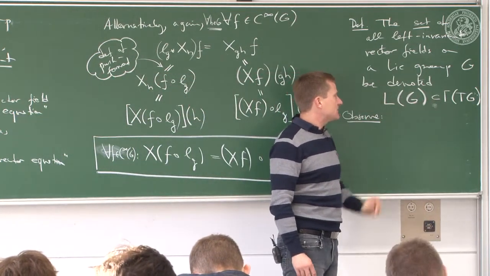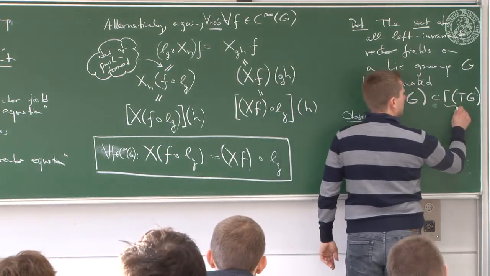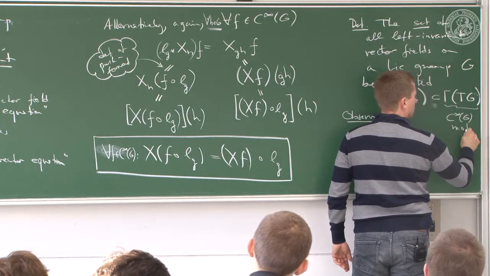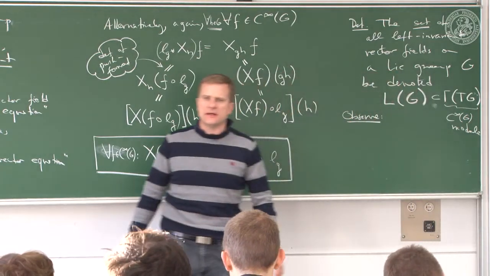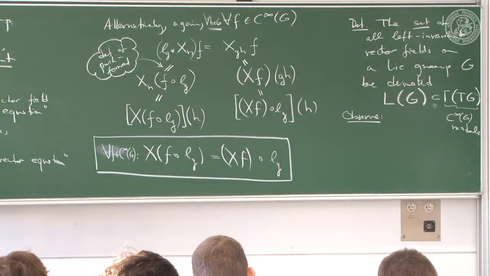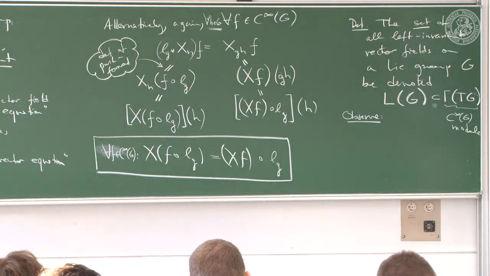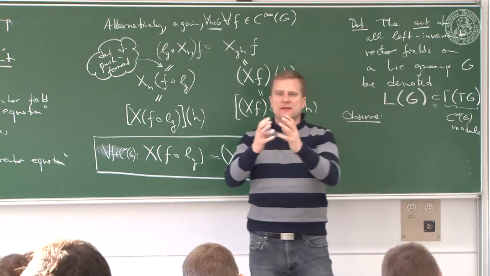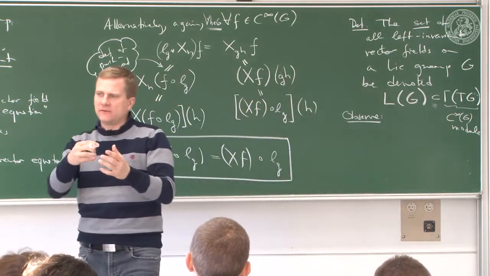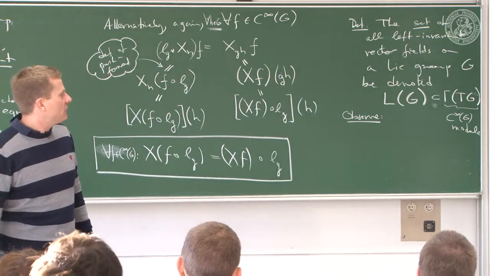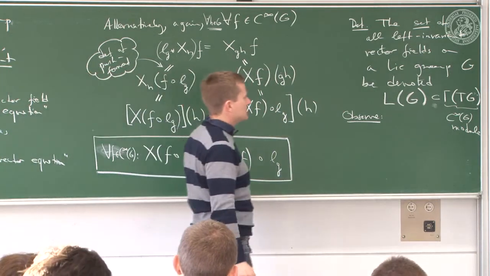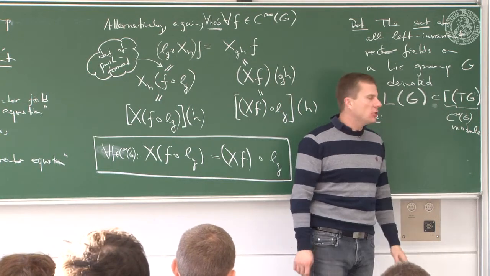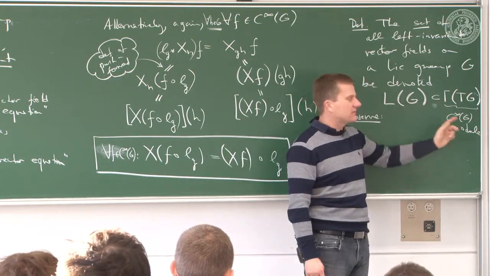Now, it's a subset, and this guy here is a C infinity G module. Now we remember that the set of vector fields doesn't necessarily have a basis. You remember the S2, where there was not even an everywhere non-vanishing vector field, much less was there a basis for the vector fields, right? C infinity G module, and this is a subset of such a module.